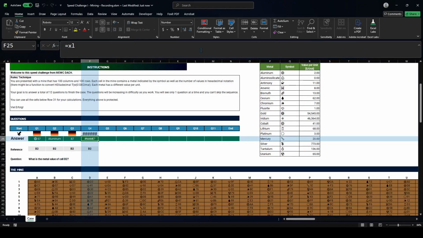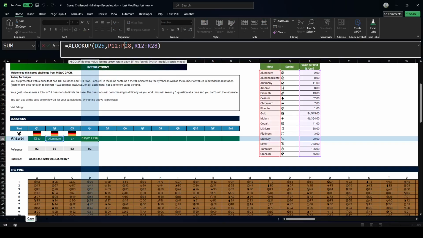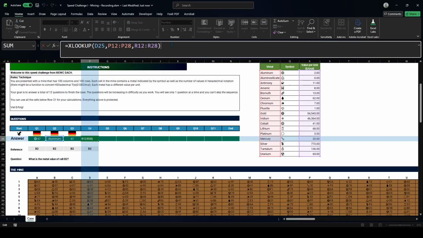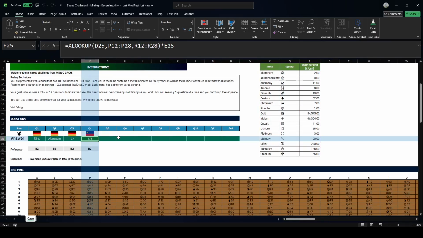Okay. What is the metal value? Okay, so we're going to XLOOKUP this in the metal, return the value. You don't like that. Why? Is that not it? Did I not do that? Oh. Multiply by that. There we go.